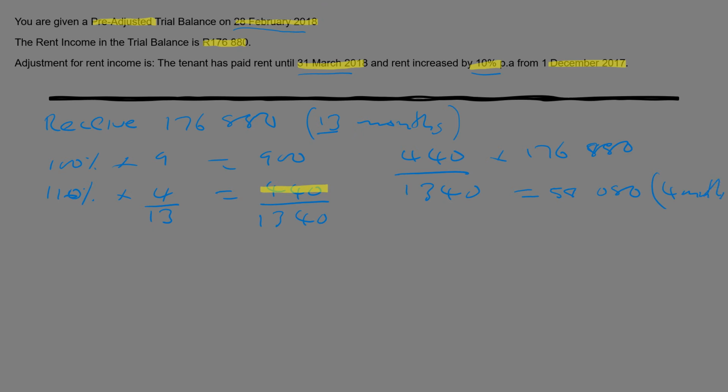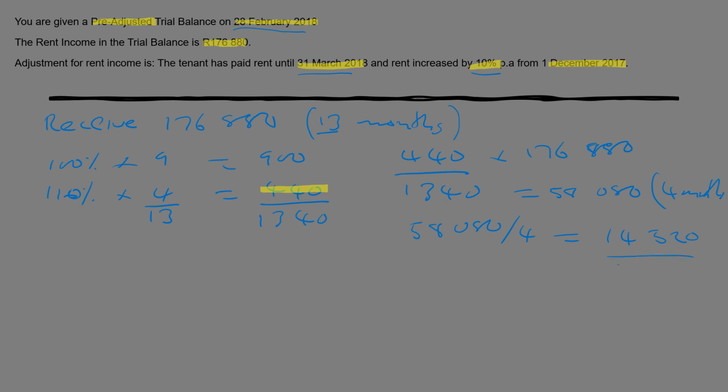This is for 4 months, and we need only the monthly rental income. So for us to get monthly rental income received, that will be 58,080 divided by 4. This will give you 14,520.